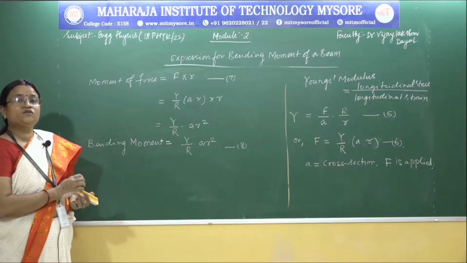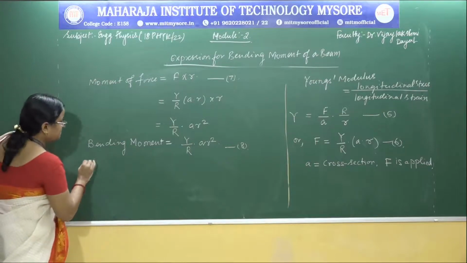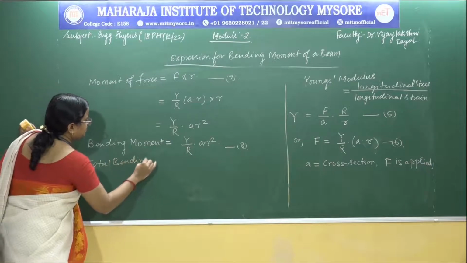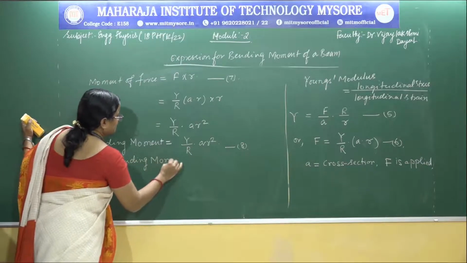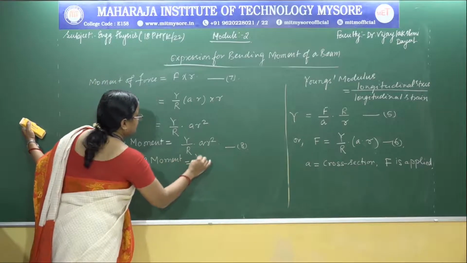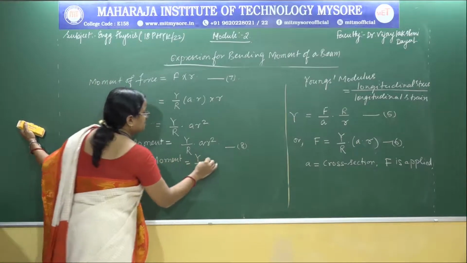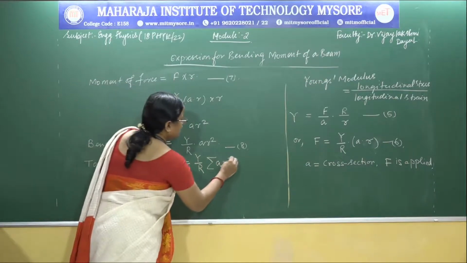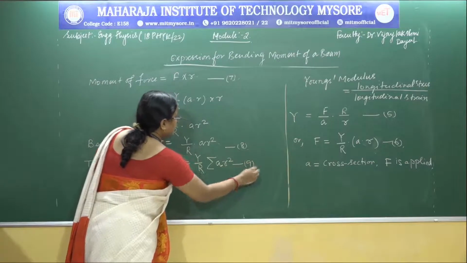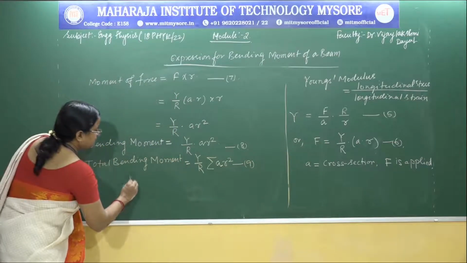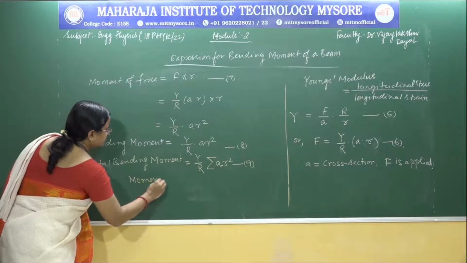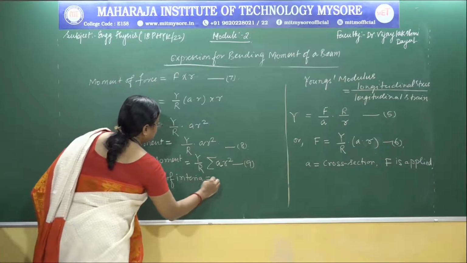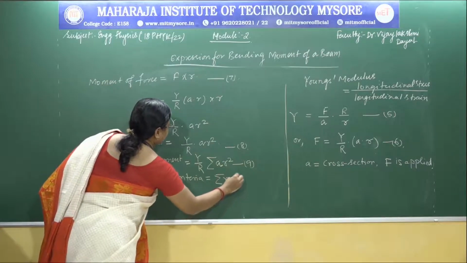If we calculate the total bending moment of the beam, then it will be Y by R and summation of all such cross sections where the force is applied. That moment of inertia is equal to sigma m r square.